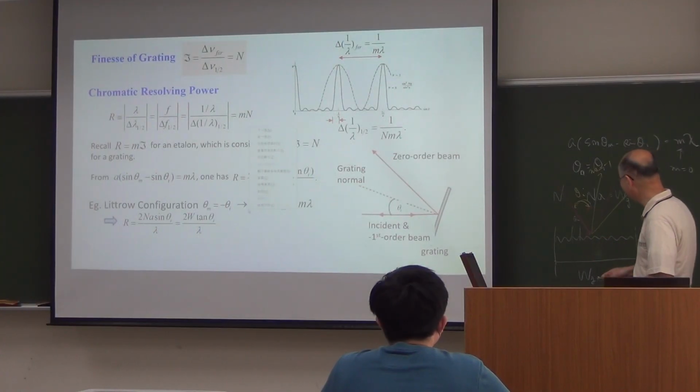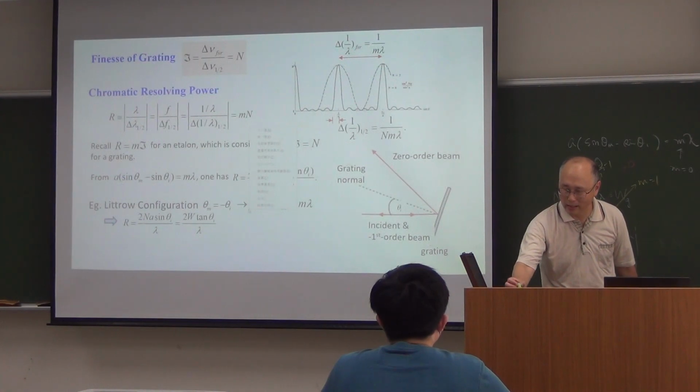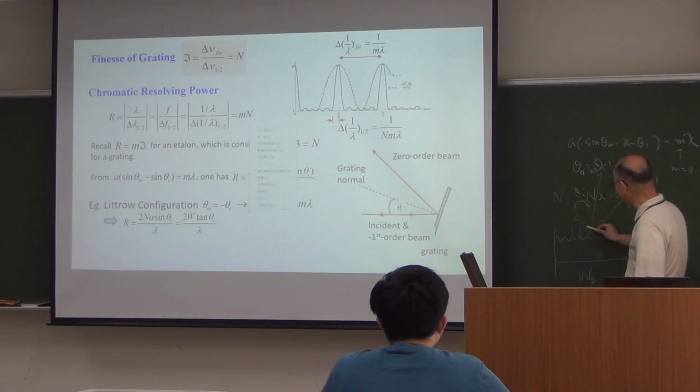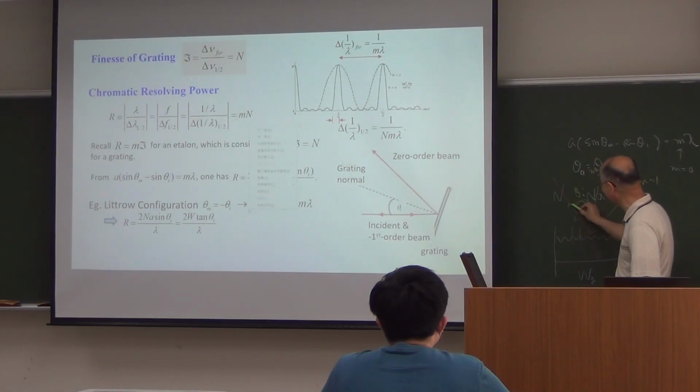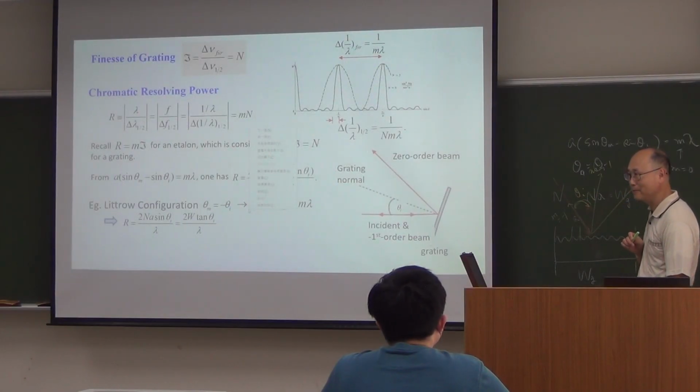If your incident beam, the direction coming down from the incident beam, is the same as the diffracted beam, so this will be m equal to minus 1 because the zero order beam is right here. So on this side, theta m is going to be negative.